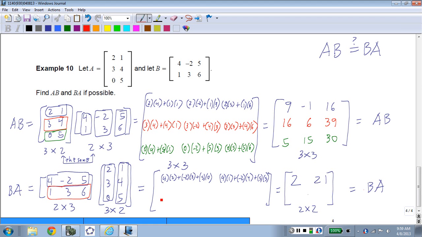Take the 1, multiply by the 2. Take the 3 and multiply by the 3. Take the 6, multiply by the 0. That's better. Multiply those together, and we get 2 plus 9 is 11.